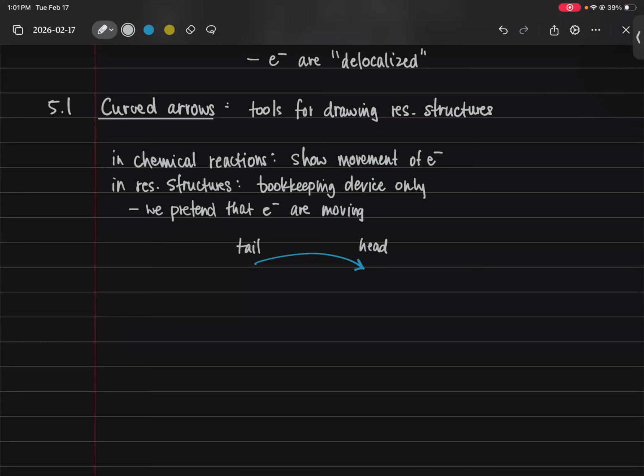One thing that's particularly important when we end up talking about radical chemistry, so chemistry of one electron, is for now, your arrow should always have a double head and not a single head like that, where it's just got one hook on it. That's a different kind of arrow. Again, there's all the different kinds of arrows, but make sure you have two of the little hooks on the head of your arrow.